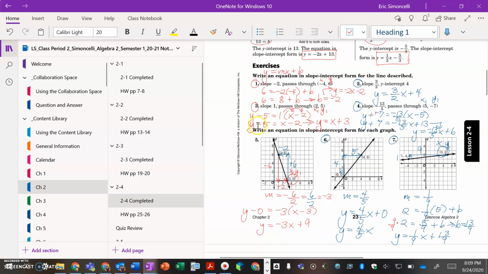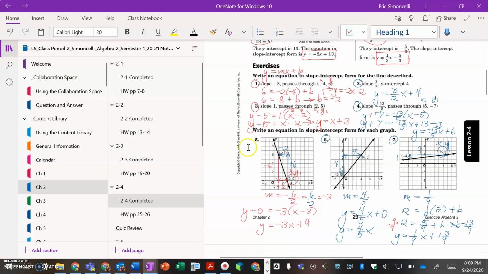So y minus y1, notice I've already labeled it here, equals m, which is 1, times the quantity x minus, and here's x sub 1 that I've labeled, so x minus 2. Distributing the 1 is very easy here. You just get x minus 2. Simply then add 5 over. 5 minus 2, of course, is 3. So your final answer is simply y equals x plus 3.